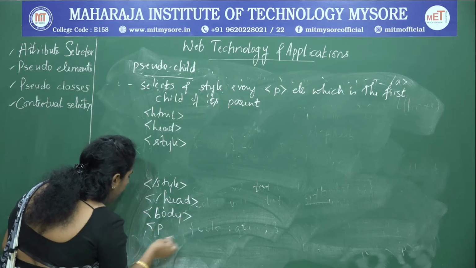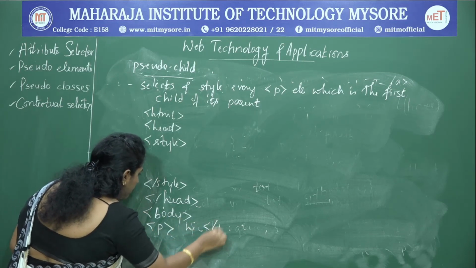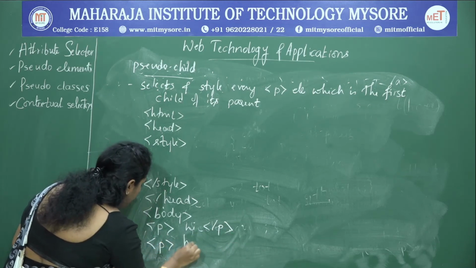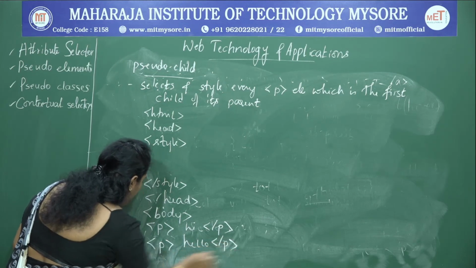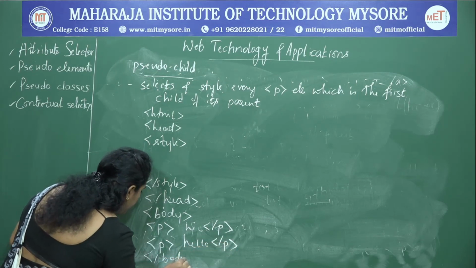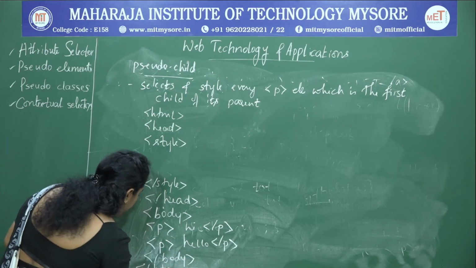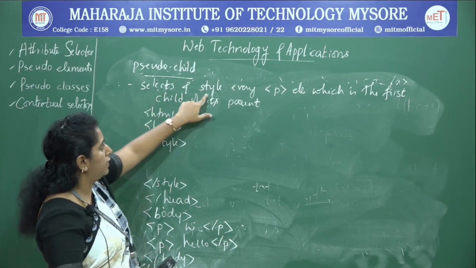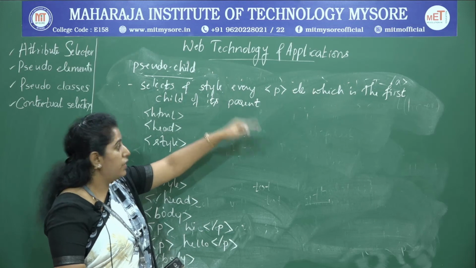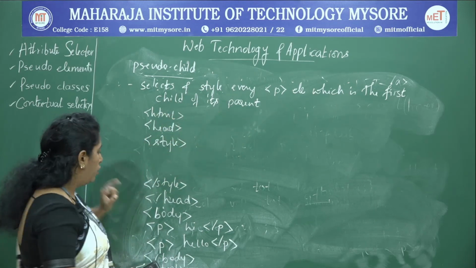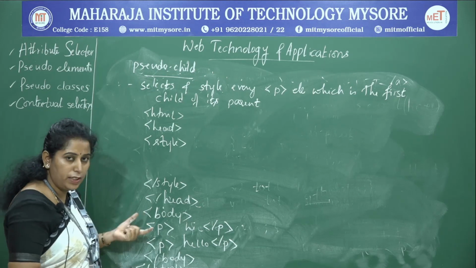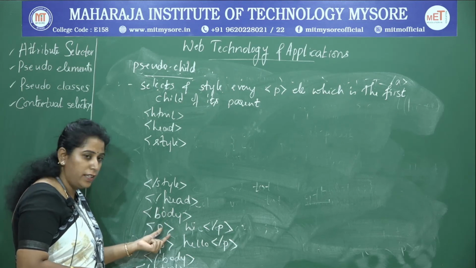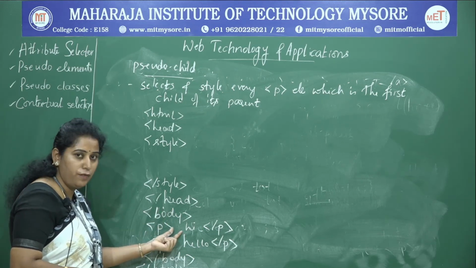I am going to use P, hi, then P, hello, close body, close HTML. So how does it work for selecting every P element which is the first child of its parent? Body is the parent. There are two P's. Which is the first child? This is the first child.